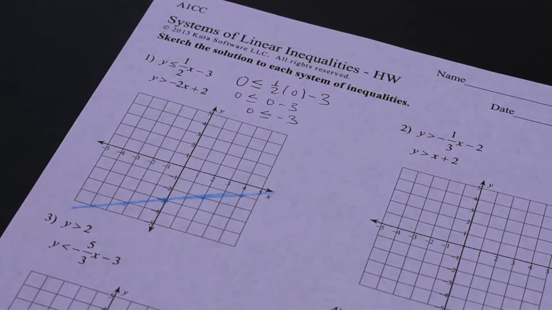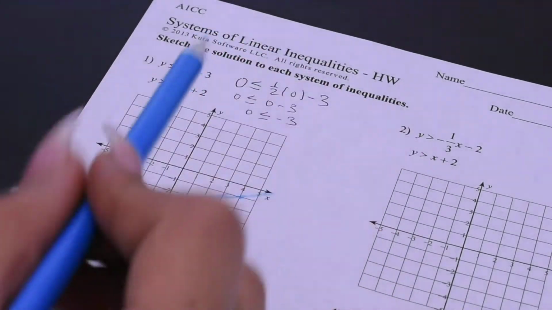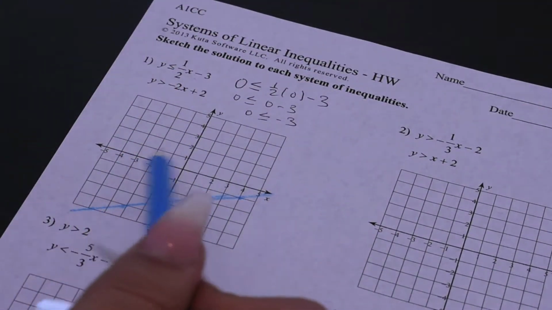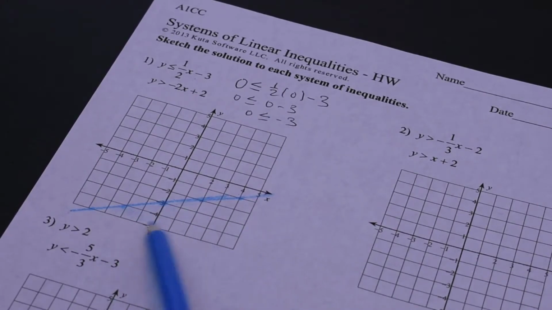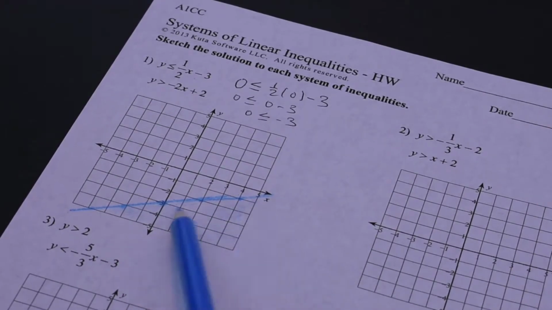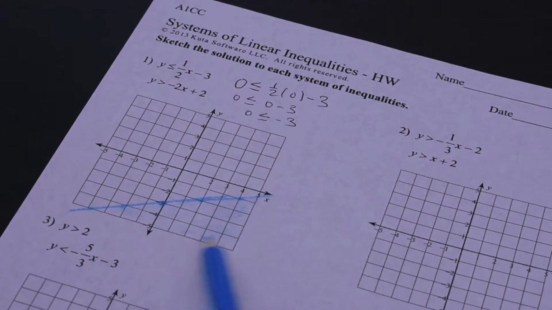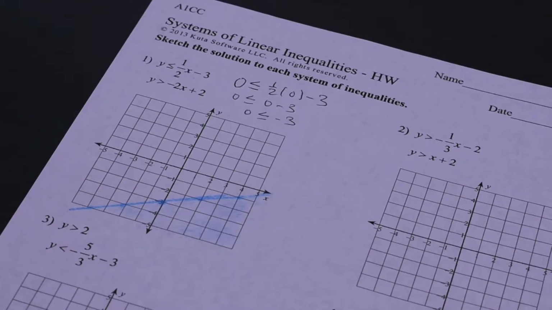Is 0 less than or equal to -3? No. So this side is not included in my solution set, so I have to shade the other side. I'm using colored pencil so y'all can see something. When you use a pencil, shade lightly.